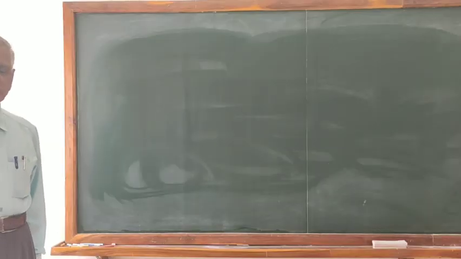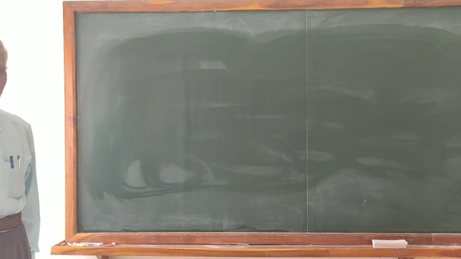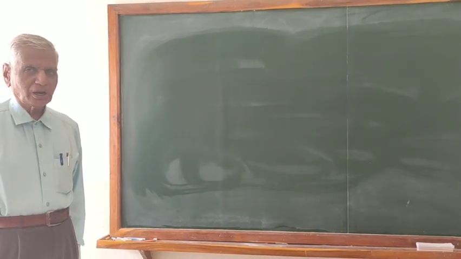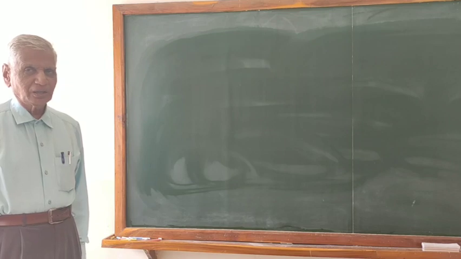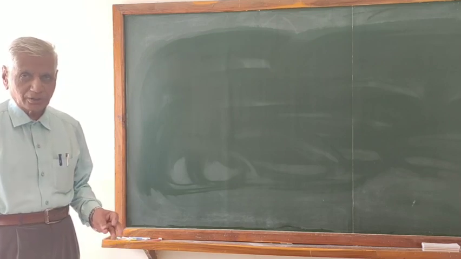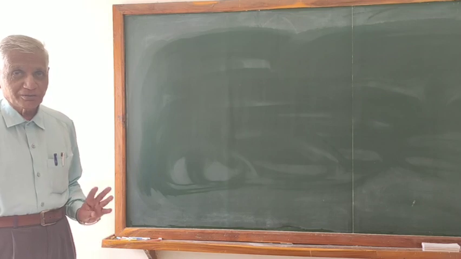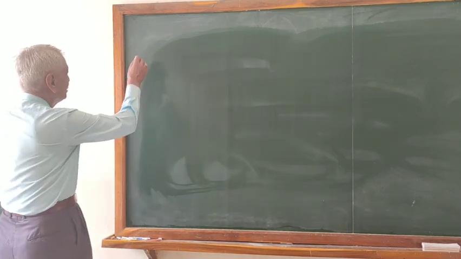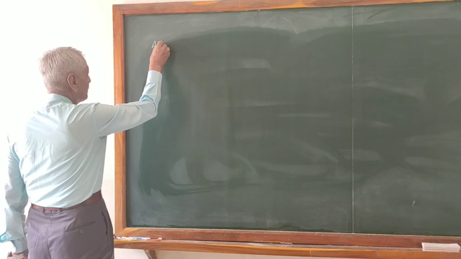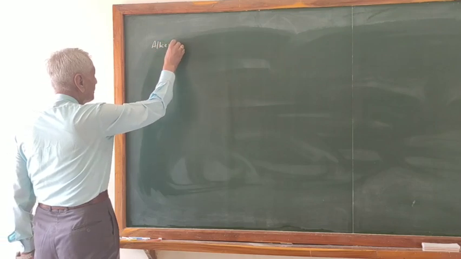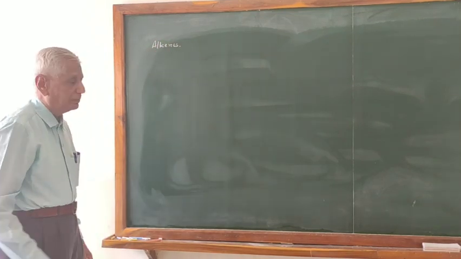So we have seen the preparation of alcohol. One method starting from the alkenes. Alkenes on acid hydrolysis, one method. Hydroboration and oxidation. So from alkenes you can prepare alcohols. Two methods I have given.